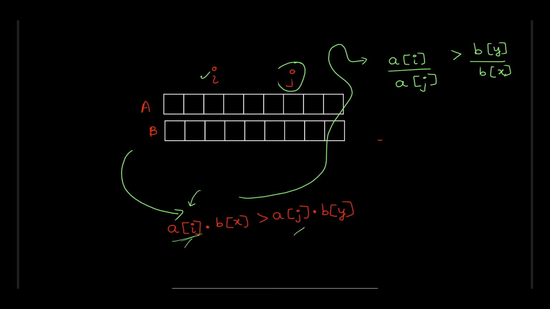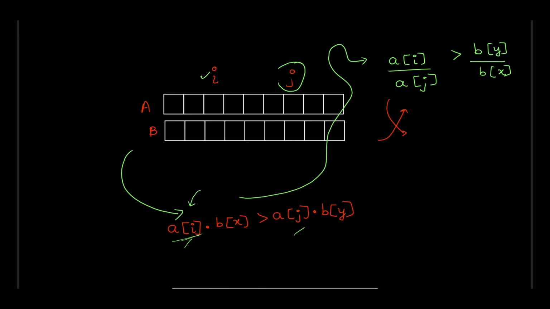So you see that this is AI into BX and this is AJ into BY, right? And you want to find out, so you bring this AJ over here, and let's flip this equation around.